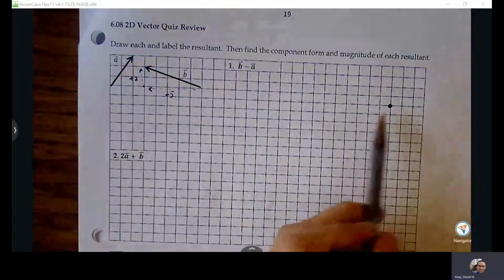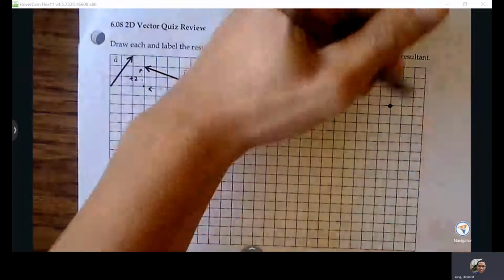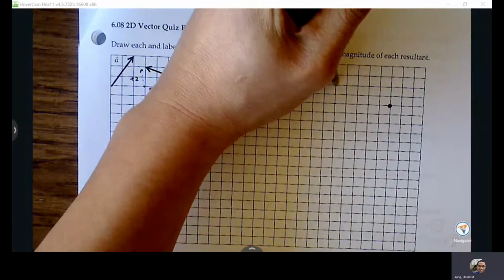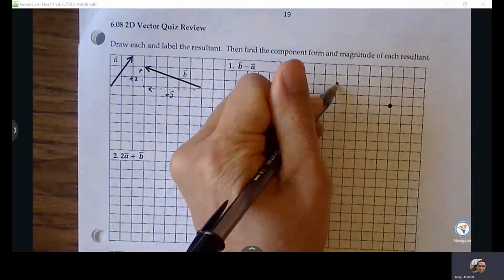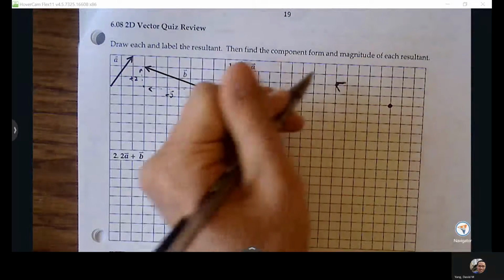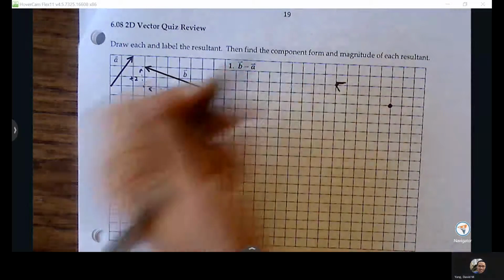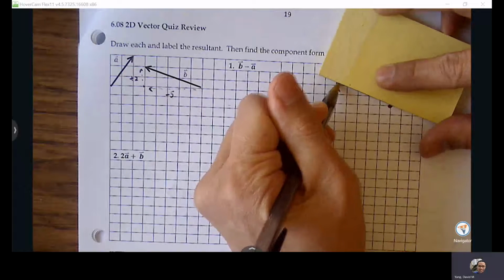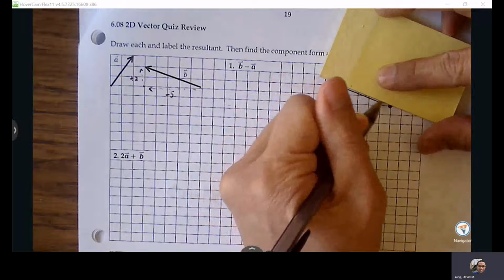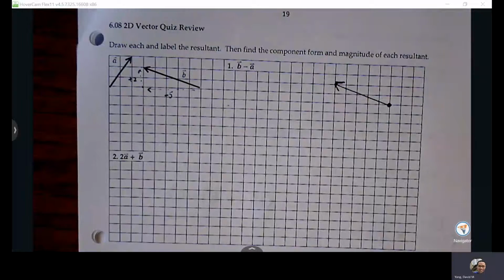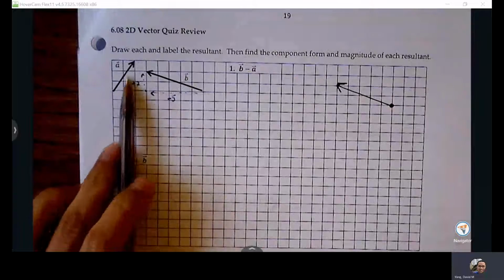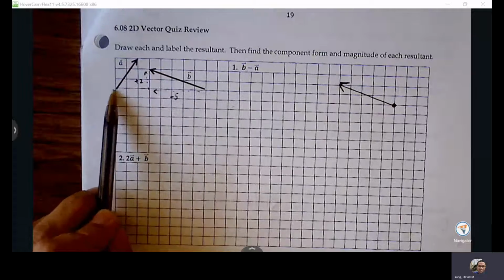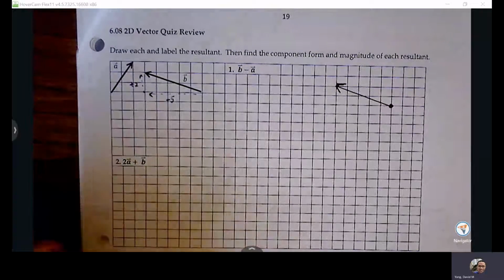So I can follow that process, left 5, up 2. Okay, vector A, but now it's negative A. So instead of going right 2 up 3, I'm going to go down 3 over 2, right?